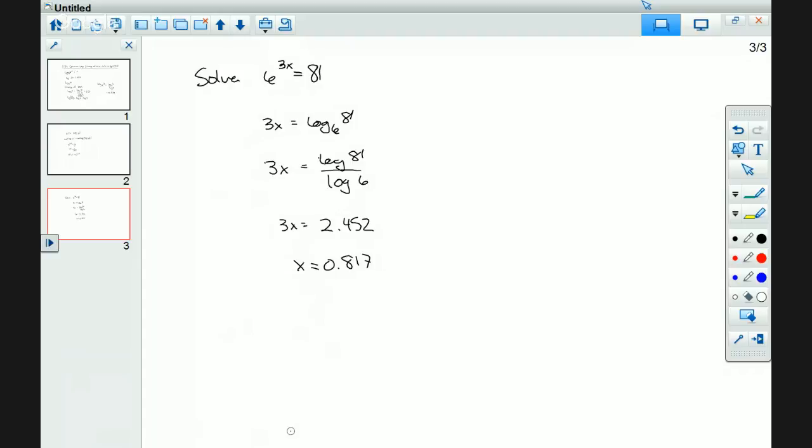So, there you go. The other way to do this, it's the same method. It's just a different way of thinking about it. You can also write it like this. So you've just done the log base 6 of each side.